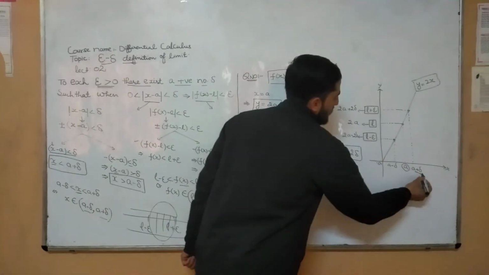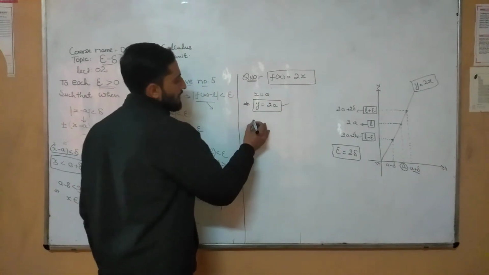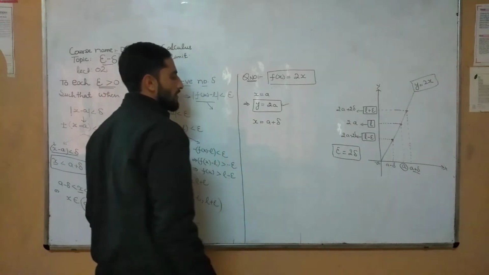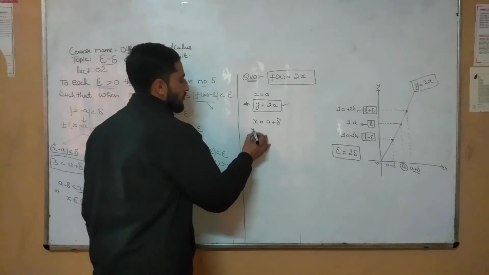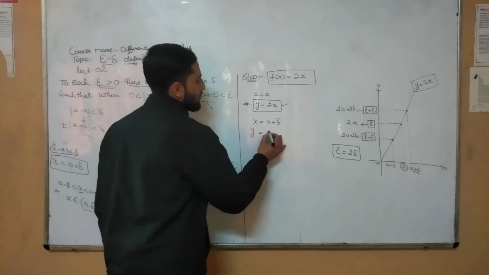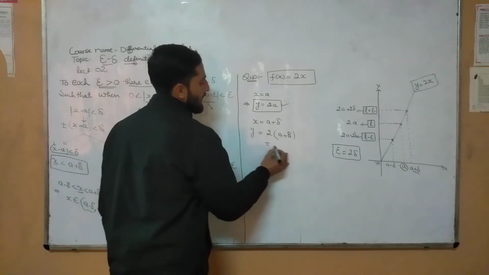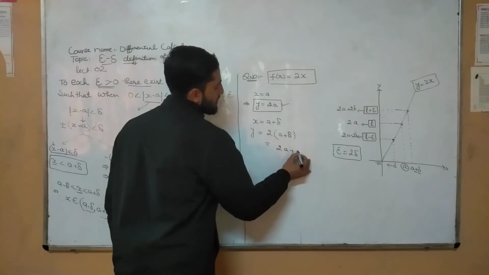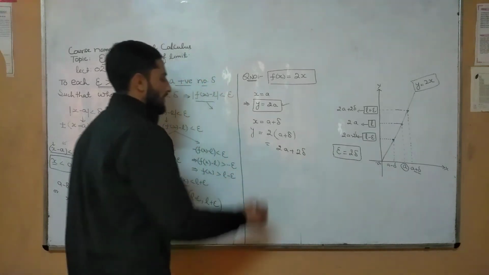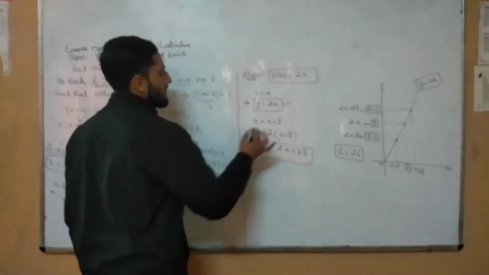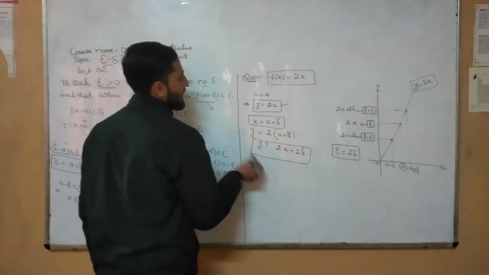If we put x is equal to a plus delta, we get y is equal to twice of a plus delta. So we get twice of a plus twice of delta. For this particular point we get y. This is our x and this is our y.